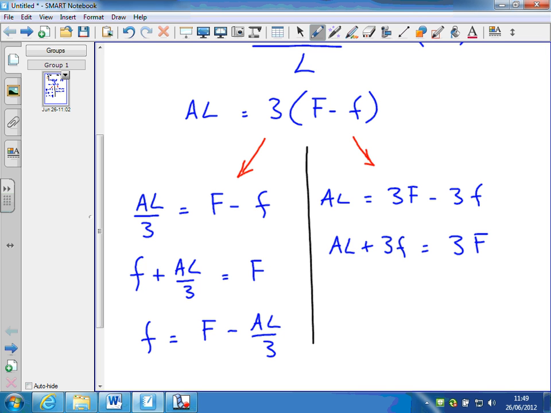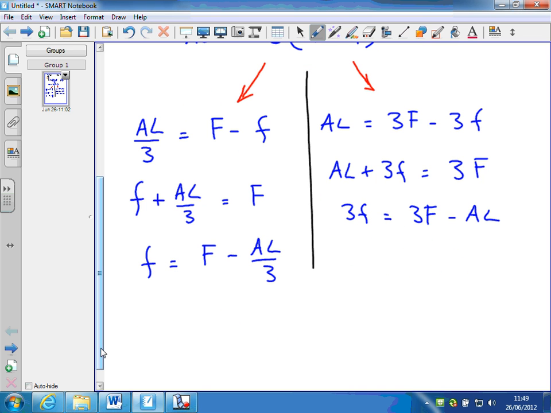Now subtract AL from both sides, so 3f equals 3F minus AL, and then finally divide both sides by 3. So f equals 3F minus AL all over 3.